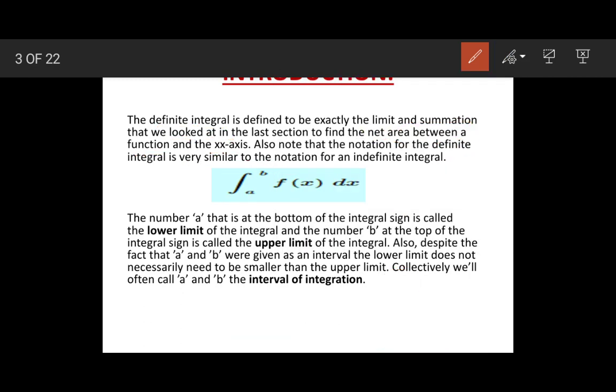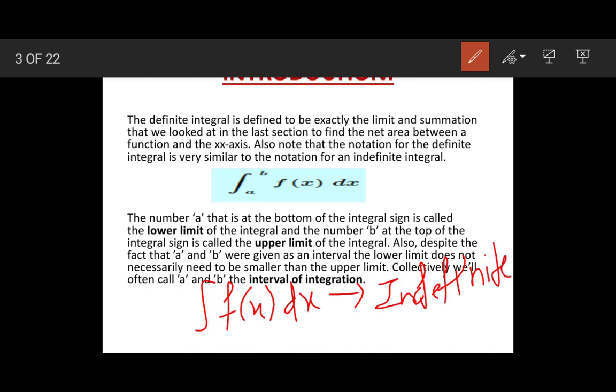So what you have to remember is that if only integral f of x dx is given, then that is an indefinite integral. Okay, if the limit of integration is given, a to b f of x dx, then this is a definite integral.